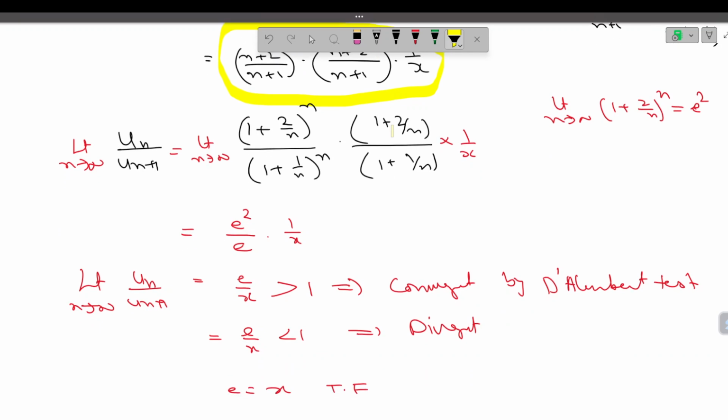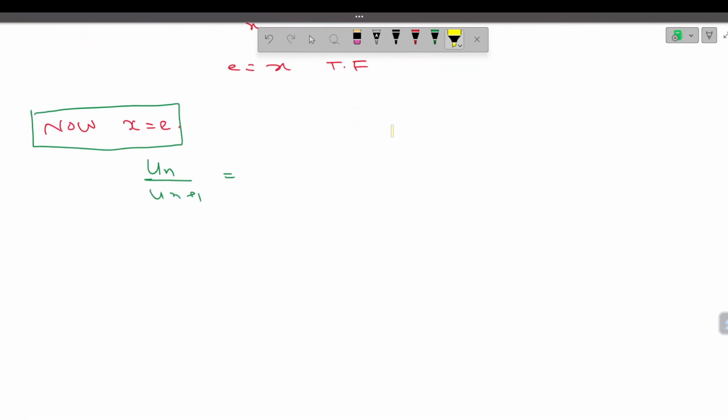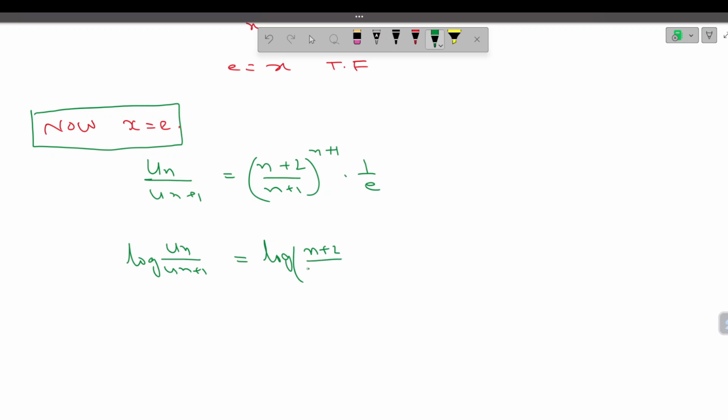So this is n plus 1, and n plus 2 by n plus 1 whole to the power of n plus 1 into 1 by x equal to e. This we have. Now applying log on both sides: log of un by un plus 1 equals log of n plus 2 by n plus 1 whole to the power of n plus 1, into 1 by e.